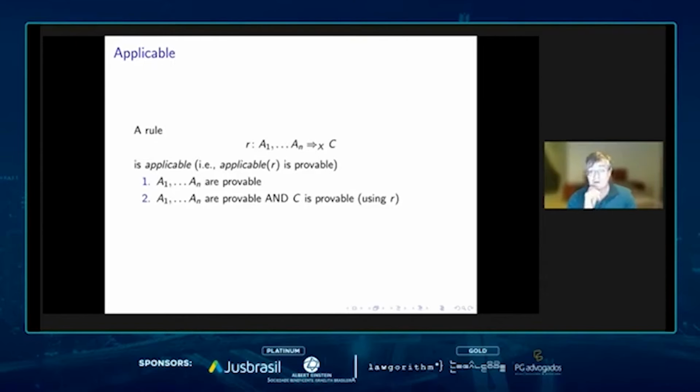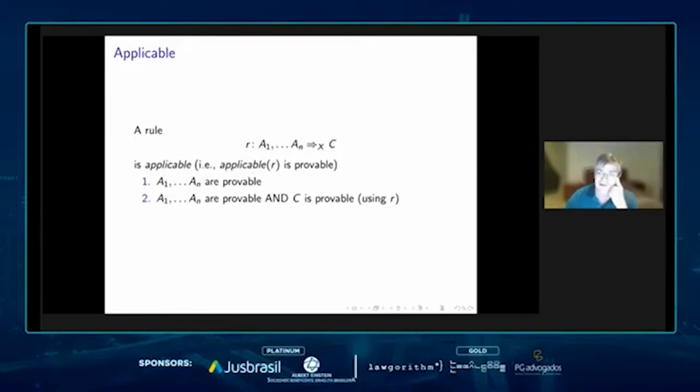Now, here we have two possible interpretations for the meaning of applicable. The first one is that the rule is applicable, and in our terms, it also means that it is provable, so we can say that it's true. And the first option is that we just consider the antecedent of the rule, A1 to AN, so only the condition of applicability.